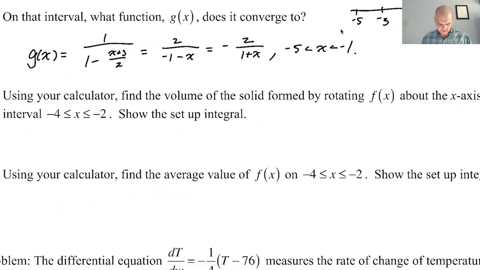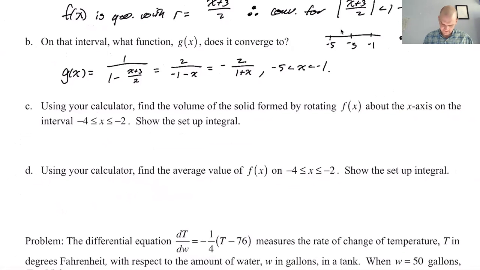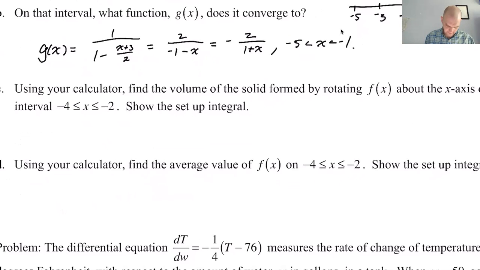Use your calculator to find the volume of the solid formed by rotating f of x about the x-axis on the interval from -4 to -2, which is in the interval of convergence. So that's good. That's going to be pi times the integral from -4 to -2 of g of x squared dx.